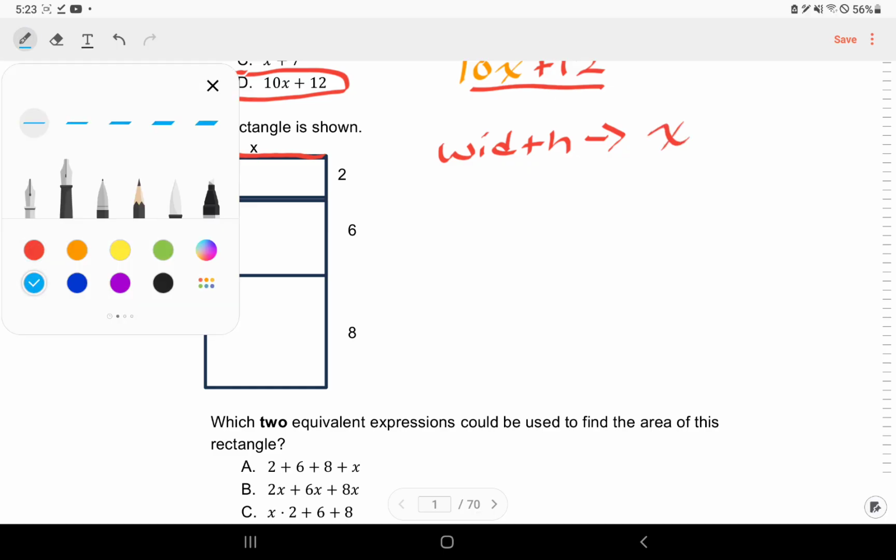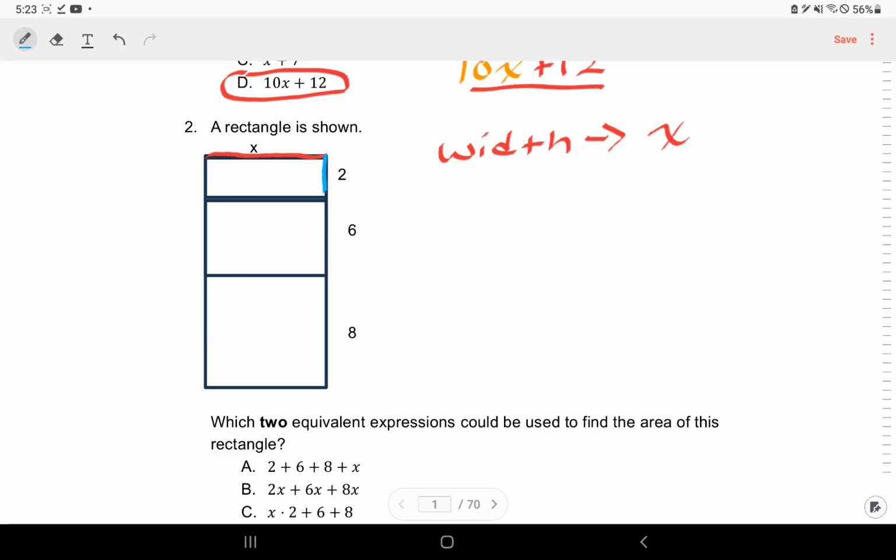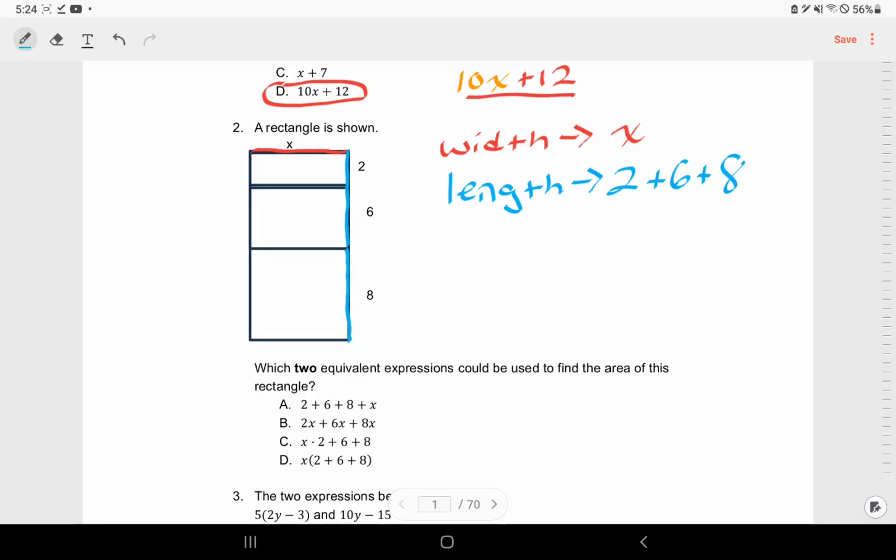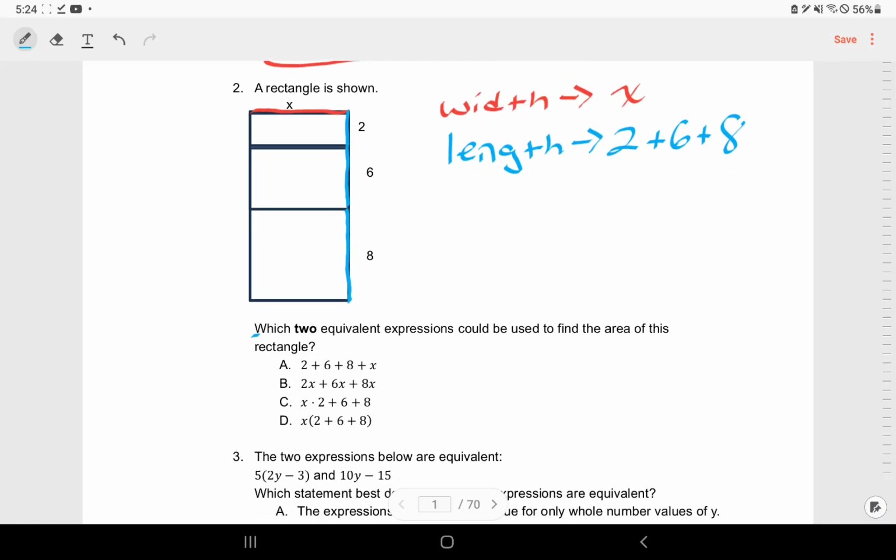Then our length is 2 plus 6 plus 8. Well, the question says which 2 equivalent expressions. So we got to pick 2 answers.